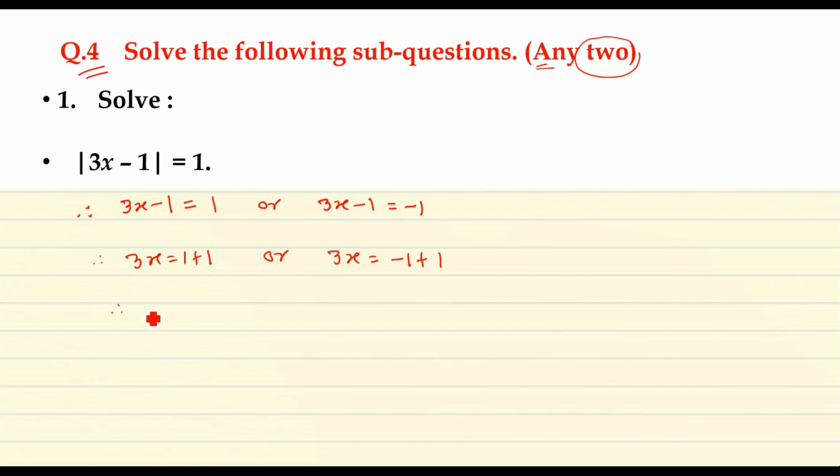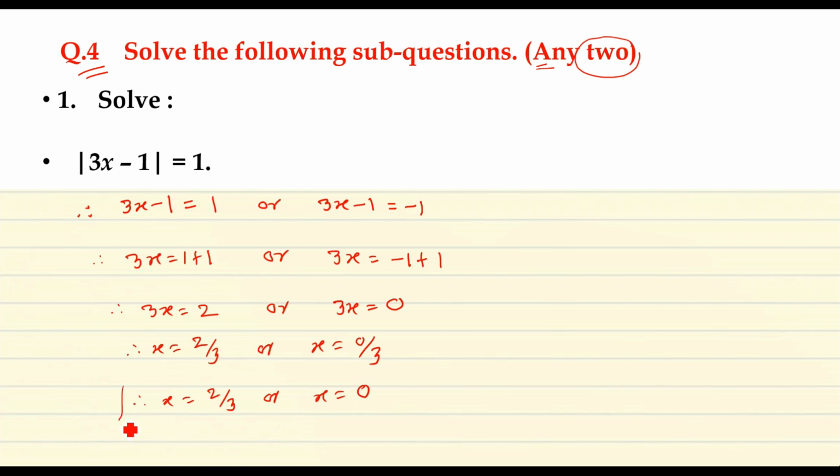Which gives me 3x is equal to 2, or 3x is equal to 0. Therefore x is equal to 2 by 3, or x is equal to 0 by 3, and the final conclusion will be x is equal to 2 by 3, or x is equal to 0. So here I got two values for the question number 1.